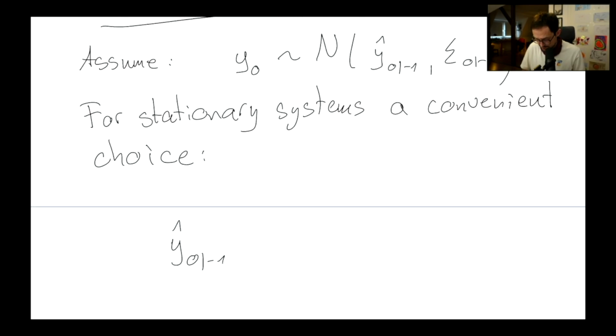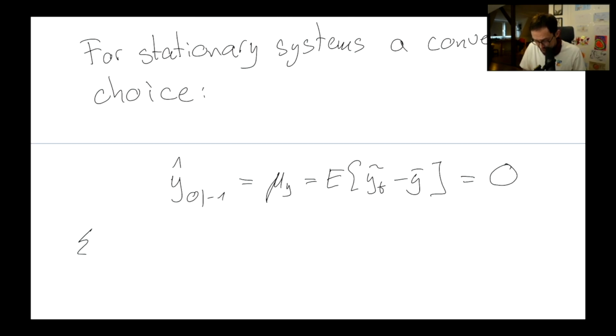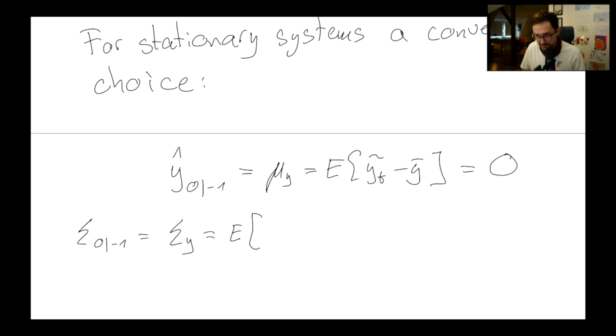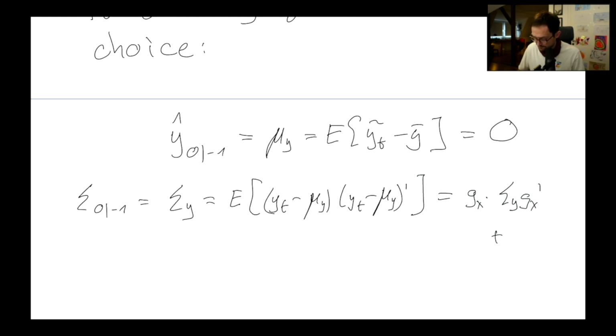For period minus 1, let's call that mu y, which is the expectation of my model variables in deviation from their steady state, and this is of course 0. And the unconditional covariance matrix, let's call that sigma y, is the unconditional expectation of (yt minus mu y)(yt minus mu y) prime, which is then, if you plug it in, gx times sigma y, gx prime plus gu sigma u, gu prime.